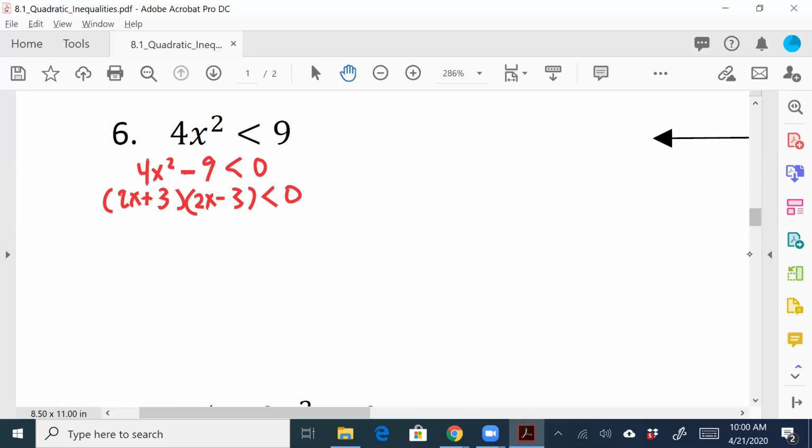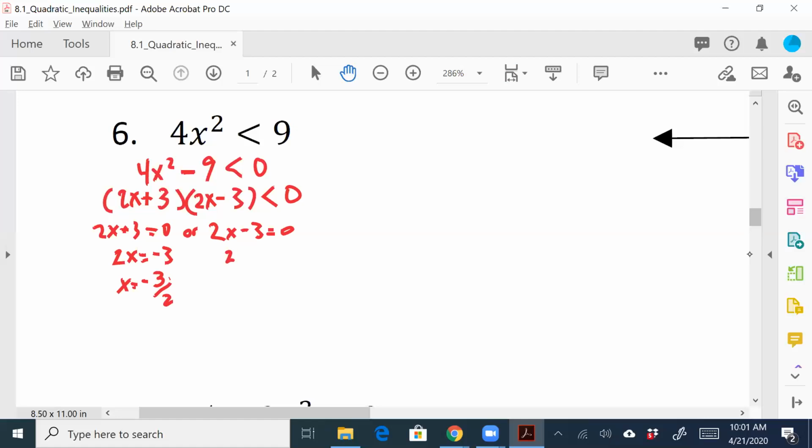So then I set each of these equal to 0. 2x plus 3 equals 0, or 2x minus 3 equals 0. 2x equals -3, or x equals -3 halves.